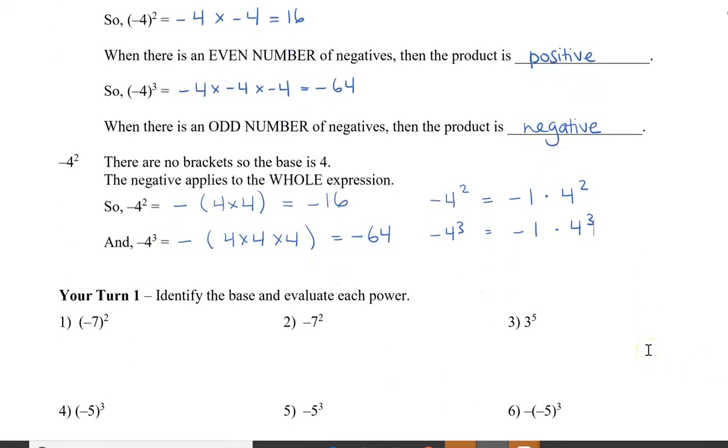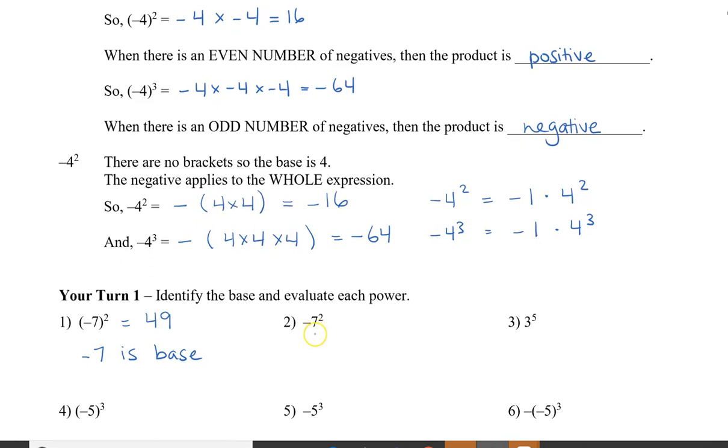All right, let's finish off with 3 examples. So here we have negative 7 in brackets, and it's squared. So the base is negative 7. And then evaluate each power means to find the answer by removing the exponent. So here we have negative 7 times negative 7, which is positive 49.